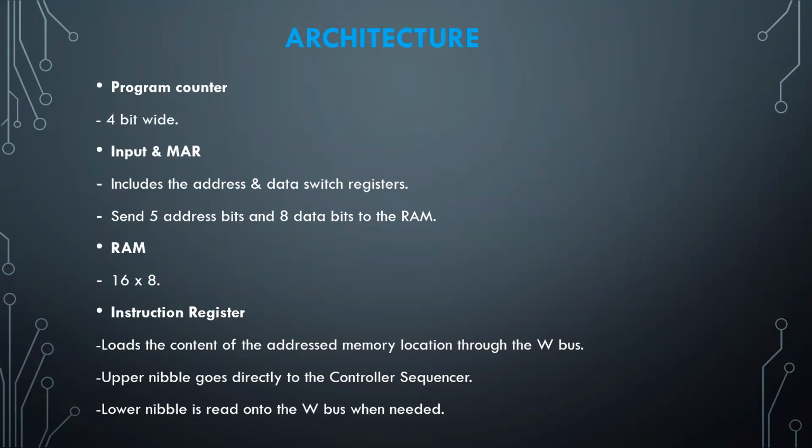In the program counter, it is 4 bits wide. The program counter's job is to store and send out the memory address of the next instruction to be fetched and executed.